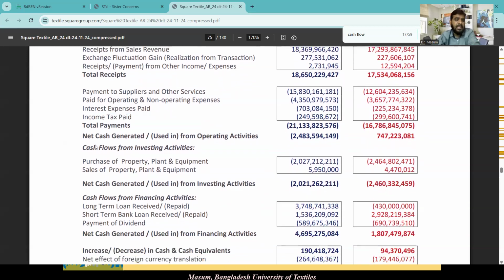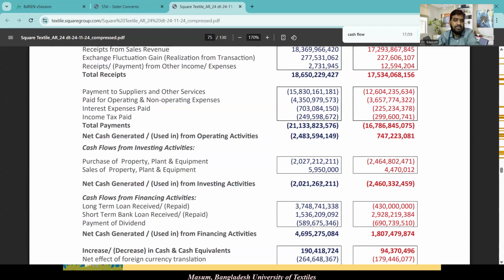Now, cash flow from investing activities: purchase of property, plant, and equipment. It is negative. Purchase means minus, it is outflow. And sale of property, plant, and equipment is inflow. Net cash flow from investing activities is the difference between these two figures.